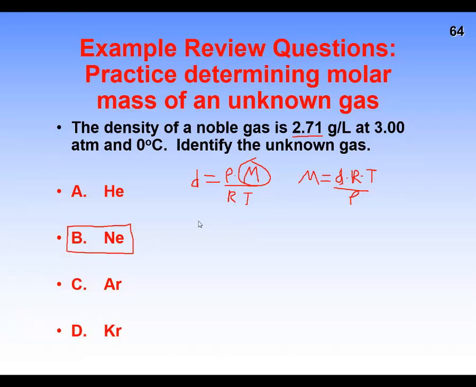So now I see that my answer for my molar mass could be calculated by taking the density value that was given as 2.71 grams per liter times my gas law constant of 0.0821 liters times atmospheres over kelvins times moles.